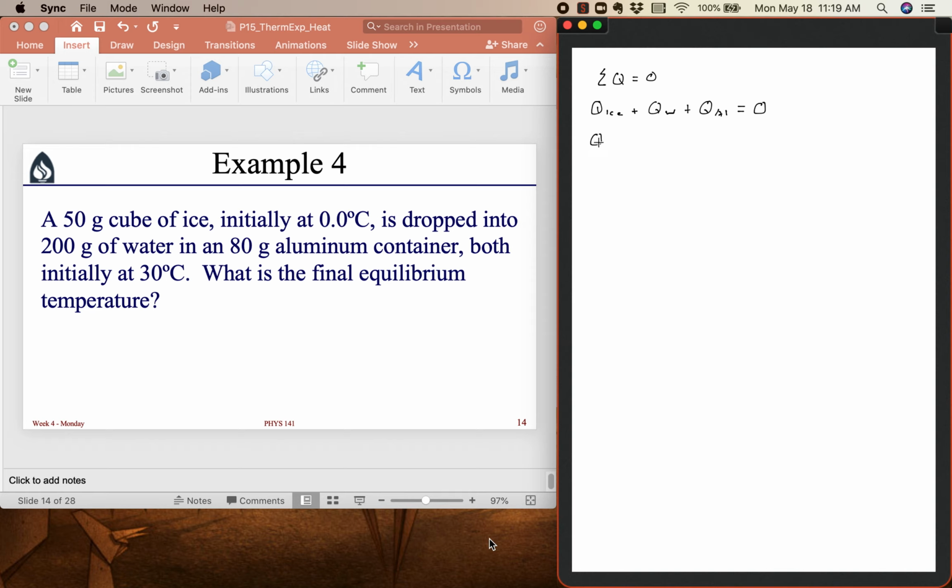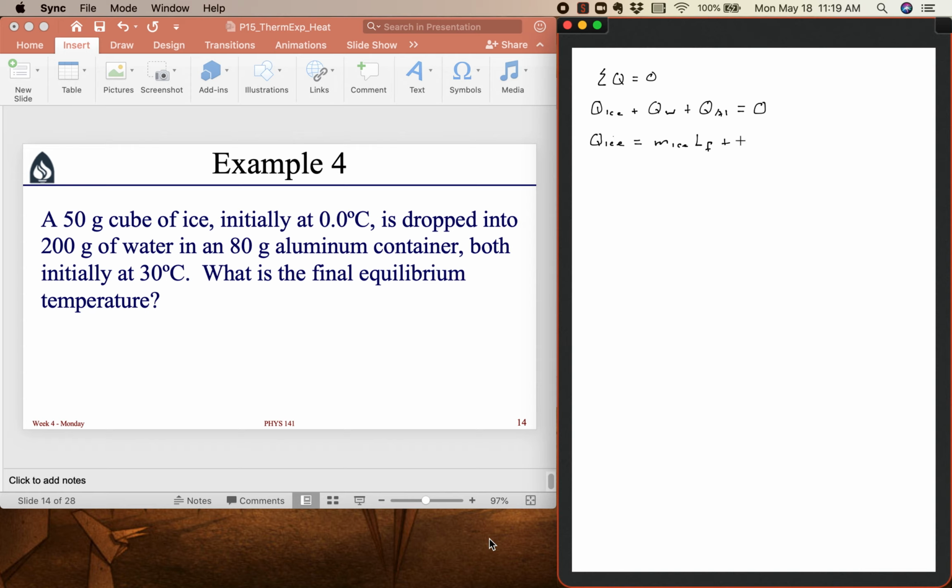First, let's look at the ice. Q for the ice is going to be equal to, well, let's see. The ice has to do 2 things. First, the ice has to melt, and then that melted water has to come to a final equilibrium temperature with everything else. So we could write down that Q for the ice is going to be equal to the mass of the ice times the latent heat of fusion for ice, because the ice has to first melt, and then there will be an additional amount of energy that enters the ice or the ice water now to raise its temperature.